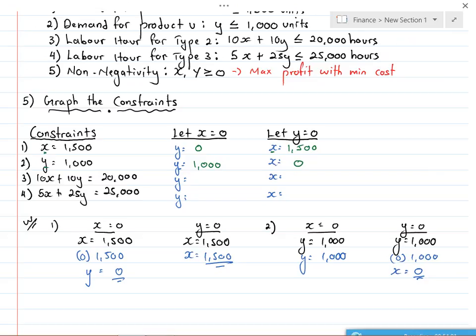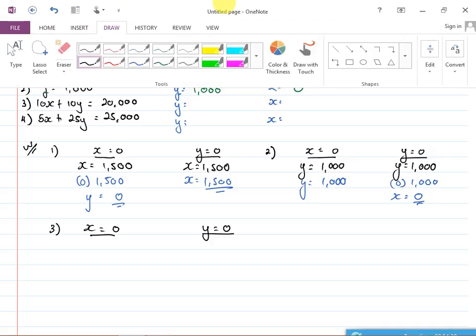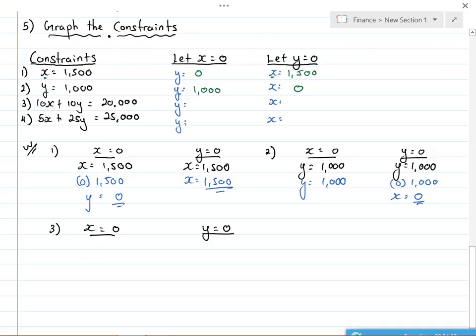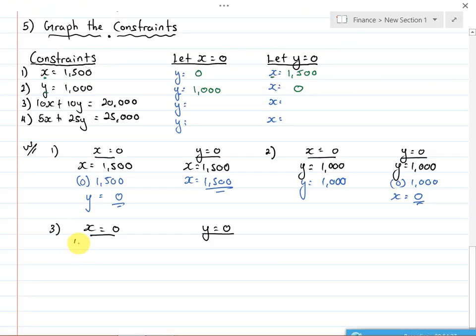Next, number 3. Number 3 again. Okay? Sure. So equation going to be 10x plus 10y equals to 20,000, and here also going to be the same.